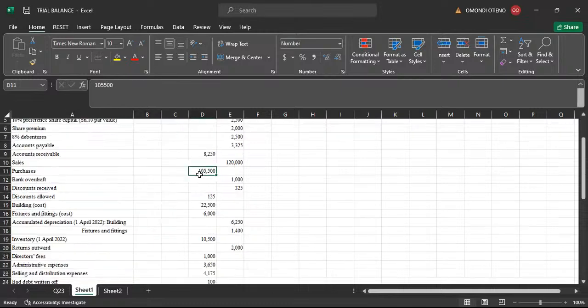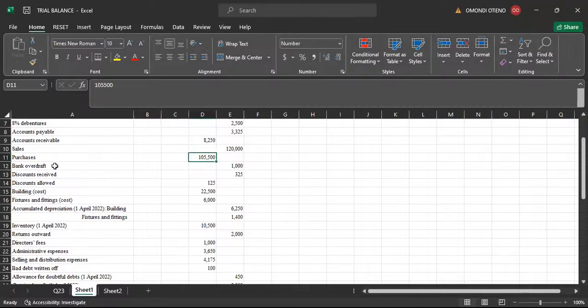You're able to see where they are placed. Bank overdraft, that's a liability. Discount received, income item. Discount allowed, expense item. Buildings at cost, that is non-current asset. Fixtures and fittings at cost, that's an asset, and of course non-current.